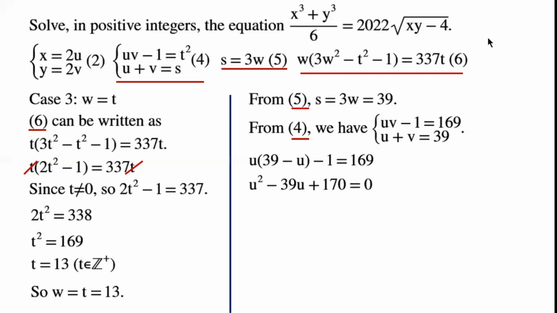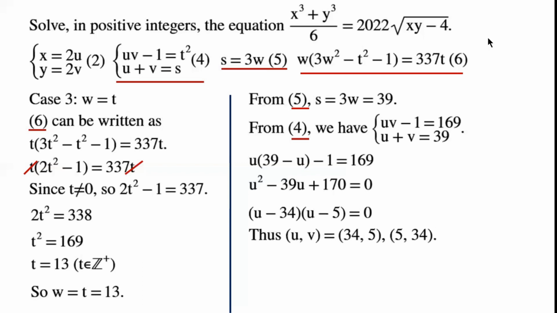By rearranging and simplifying the equation, we can now write u squared minus 39u plus 170 equals 0, which can be written as (u minus 34) times (u minus 5) equals 0.